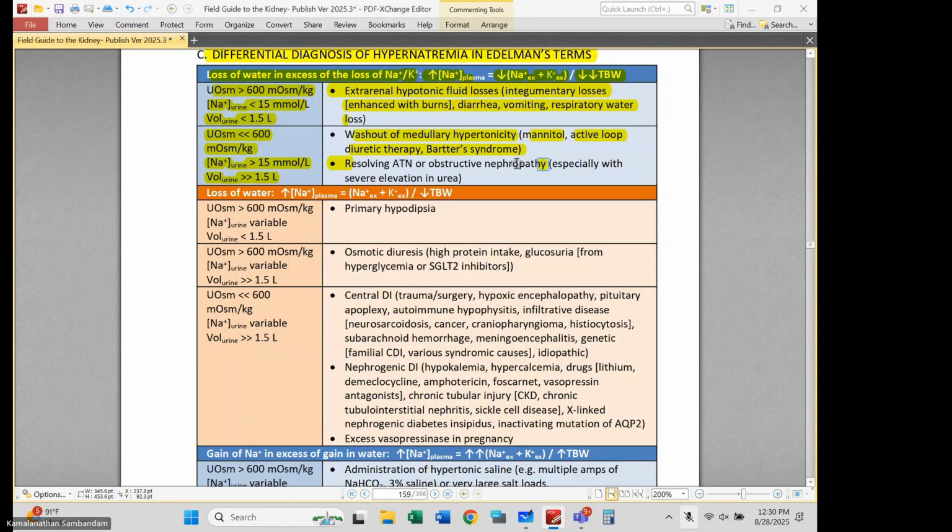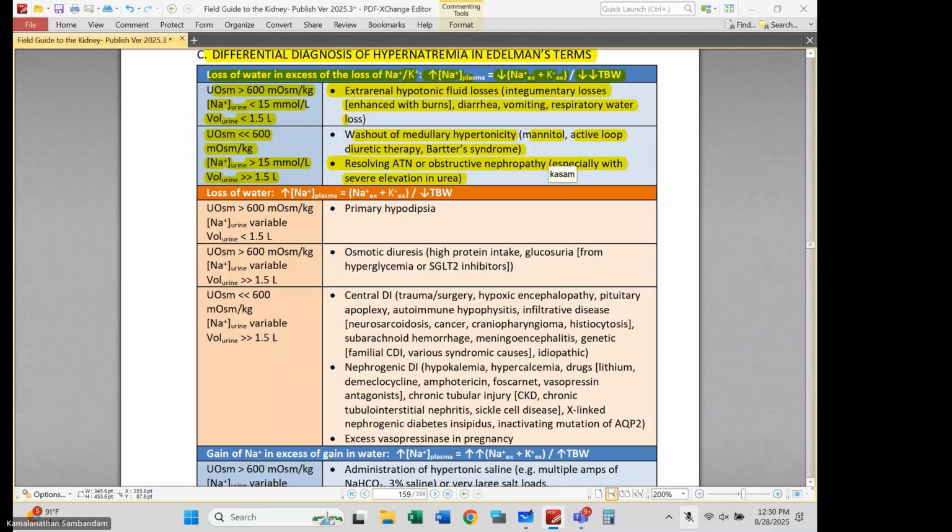Resolving ATN would be another scenario with relatively submaximally concentrated urine. A resolving obstructive nephropathy would be another scenario in which my urine concentrating mechanism may be impaired. These would be scenarios in which a patient has loss of water in excess of salt, and therefore gets hypernatremia.